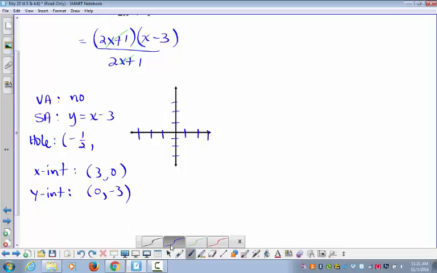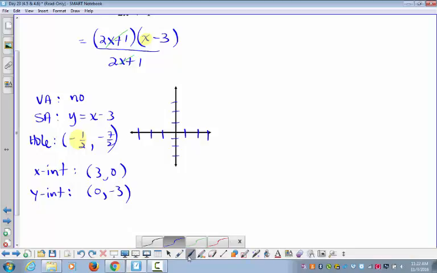To find it, you plug that x value into the simplified form of the function. So that's going to be minus 1/2 minus 3. That's minus 1/2 minus 6/2, so minus 7/2. So that's where our hole is.